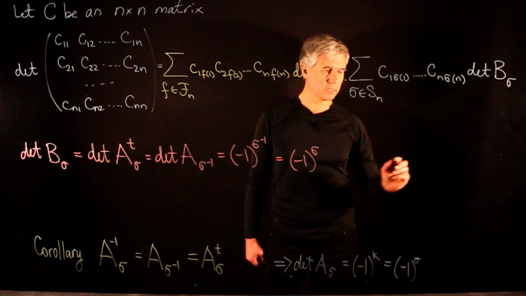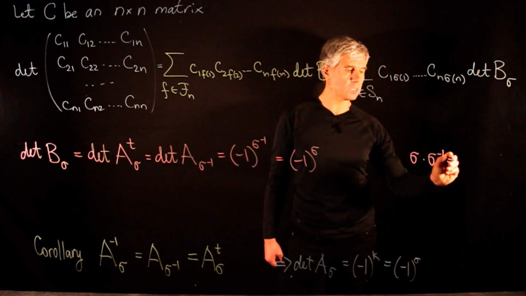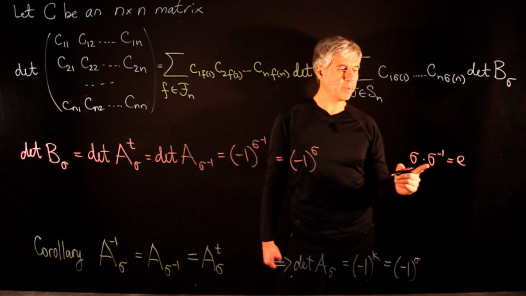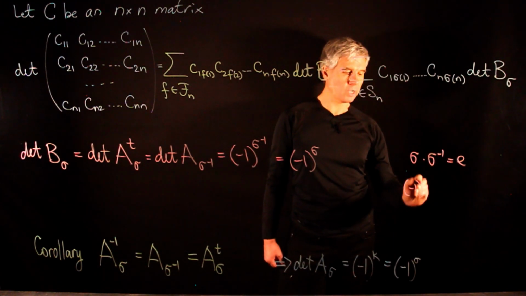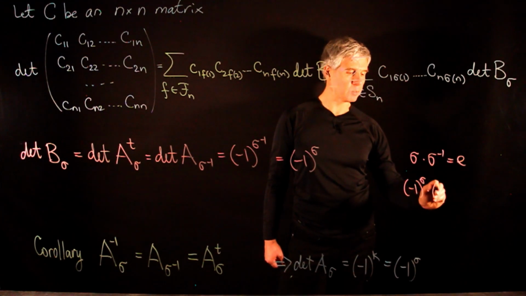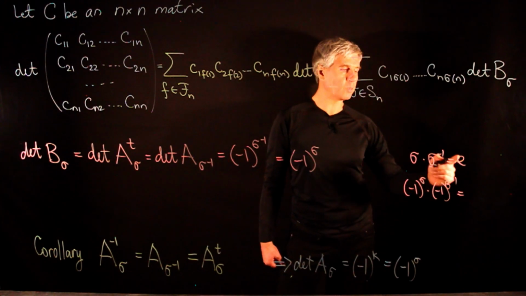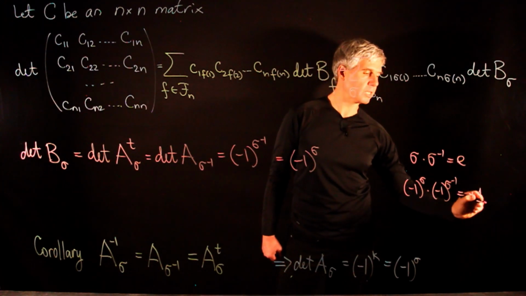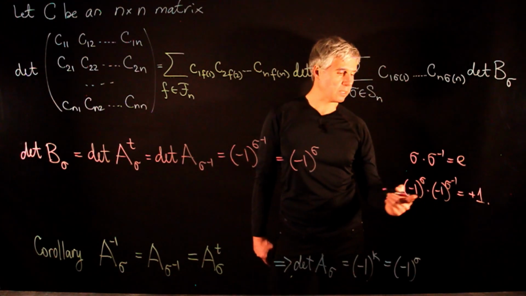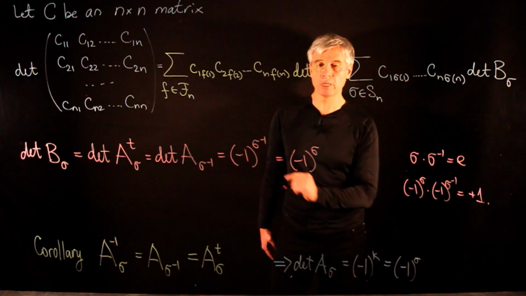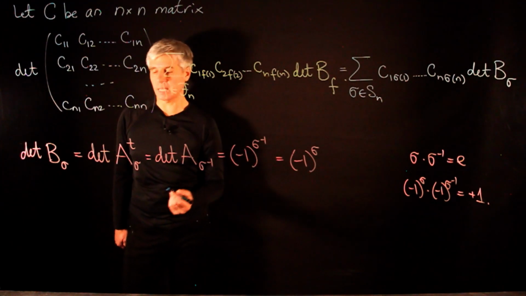So the last equality follows from the following fact, that if sigma times sigma inverse is equal to identity, then the parity of the product is the product of parities. So we get -1 to the power of sigma times -1 to the power of sigma inverse is equal to the parity of the identity permutation, which is +1. And from here, we conclude that these two parities are actually equal. Now we proved the formula announced at the beginning of the class.